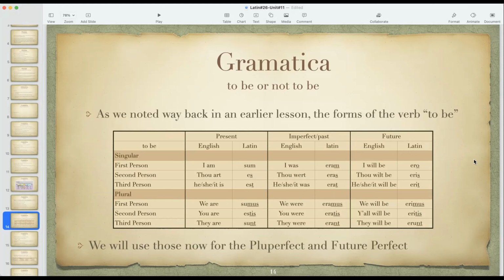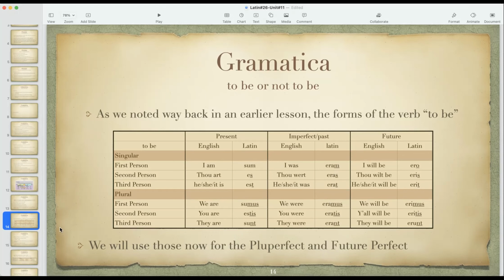If you remember, I said memorize these because first off, we get the endings, es, est, sumus, estis, sunt, and eram, eras, erat, eramus, eratus, erant, and then ero, eris, erit. And these are like the future endings, and these are close to the present endings. And these, of course, are close to the imperfect and the perfect endings.